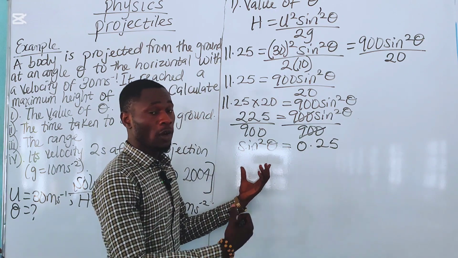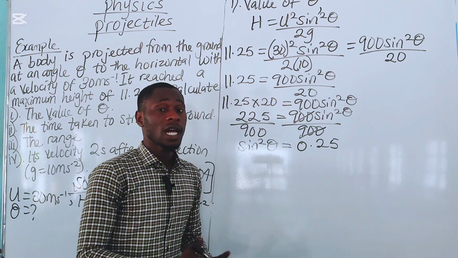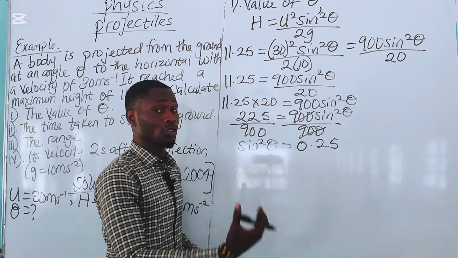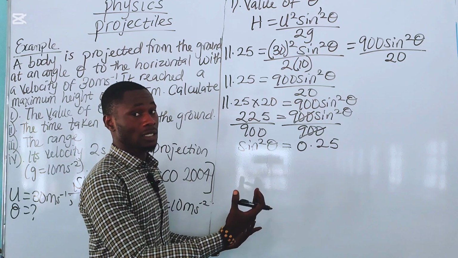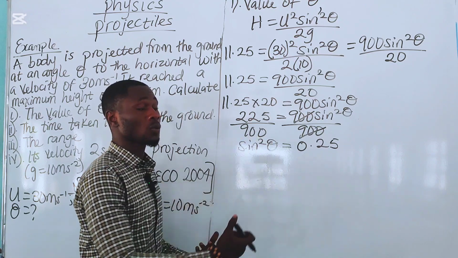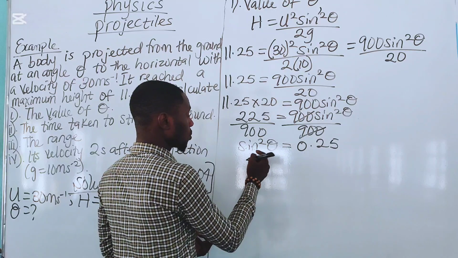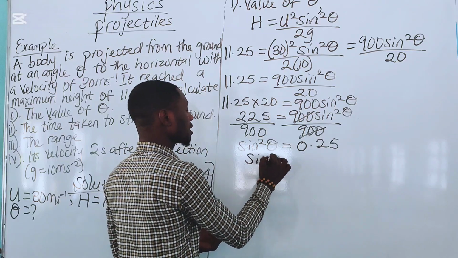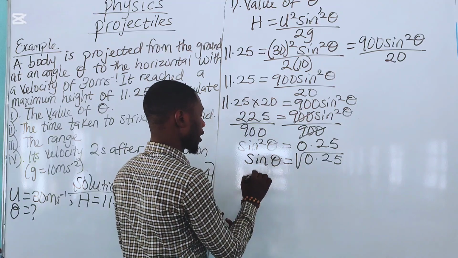Okay, so we are looking for the value of theta, and we have sine squared theta equal to this. So for us to find the value of theta, we need to first of all get rid of this what? Square. And for us to get rid of the square, we need to introduce what? Square root. So we need to take the square root of both sides so that the square root on this side cancels this. So taking the square root on both sides, we are left with sine theta equal to the square root of 0.25.